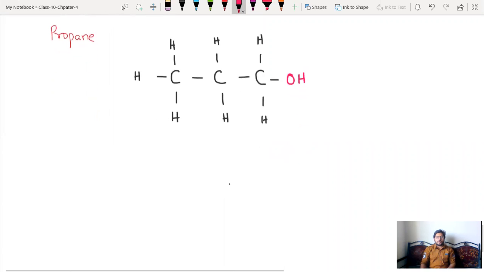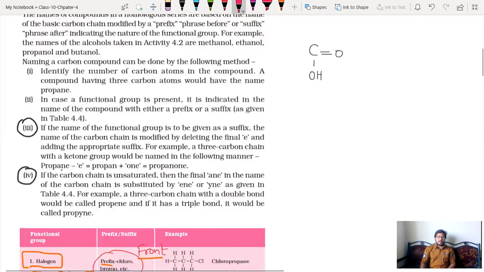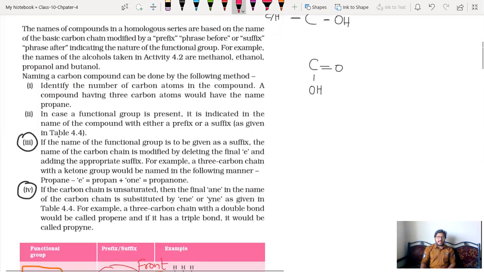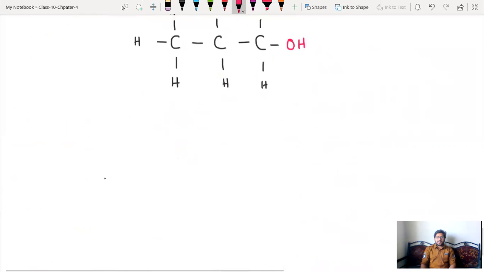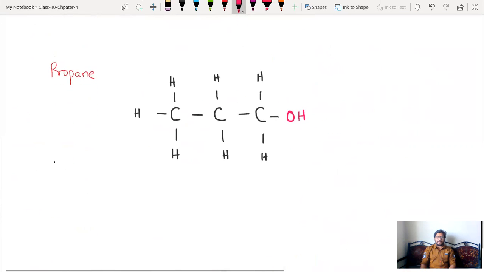How to name? There are steps. The first step: identify the number of carbon atoms in a compound. A compound having 3 carbon atoms would have the name propane. For example, first we have to count the number of carbons. 1, 2, 3.